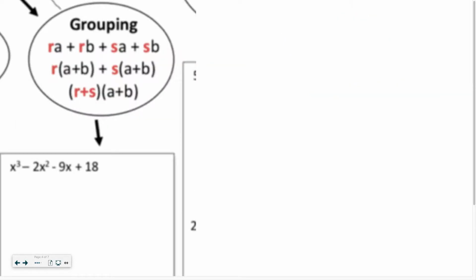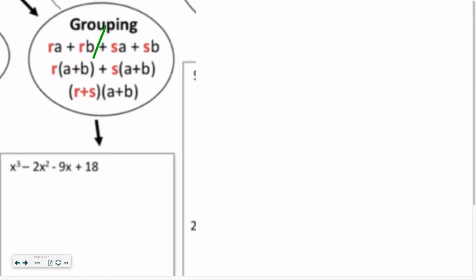Okay, let's move on to factor by grouping. What the little bubble is trying to show you with factor by grouping is this. The first two terms have A and B, but they share R in common. The second two terms also have A and B, but they share S in common. So what we do in factor by grouping is we say, let me factor R out of the first two terms.